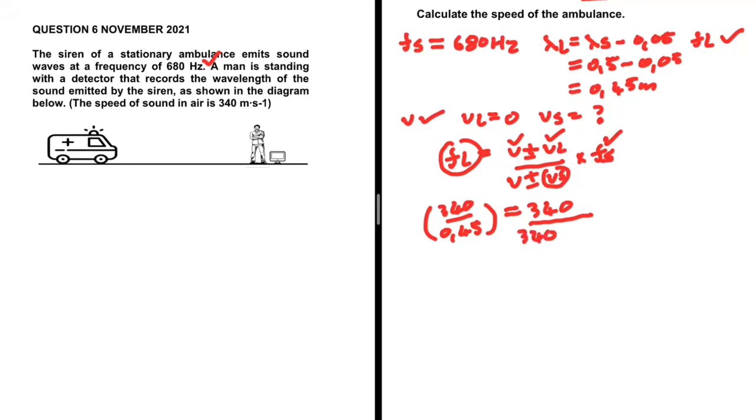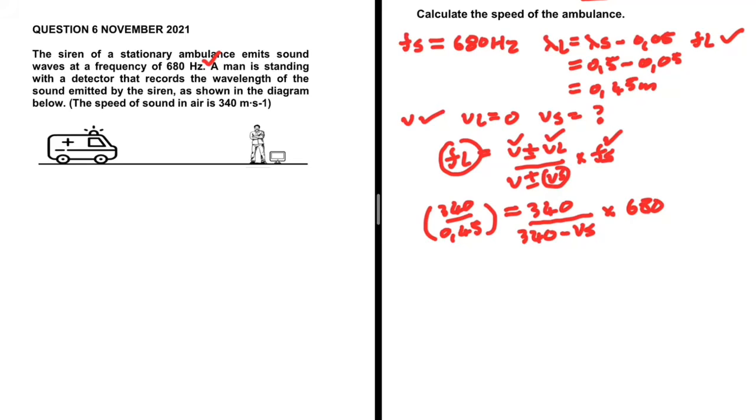The ambulance is moving towards the man, so we should have minus Vs. If it was moving away, we would have plus Vs, multiplied by the frequency that is emitted. This is 680 Hz. So at this point, we are done with the physics.